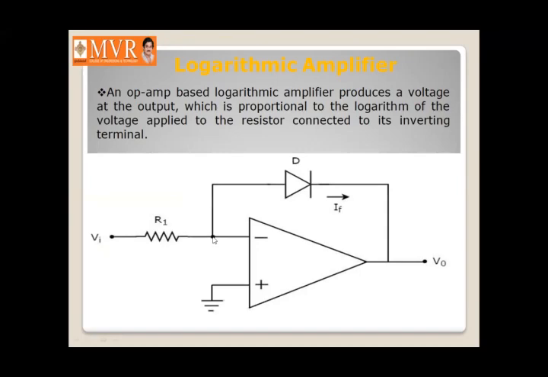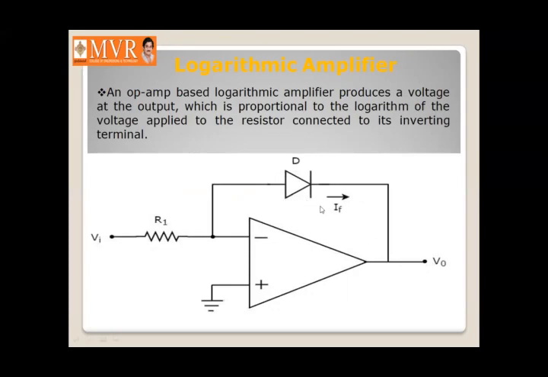So when we write the nodal equation, that is KCL, we can write 0 minus Vi by R1, which is the current flowing through this resistor, and 0 minus V0 divided by the diode resistance.